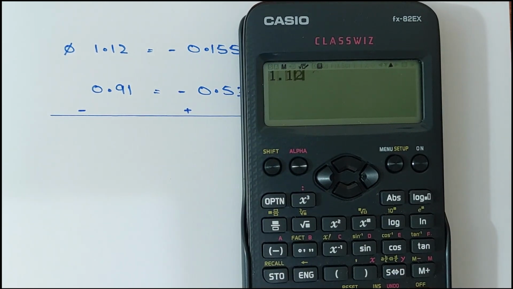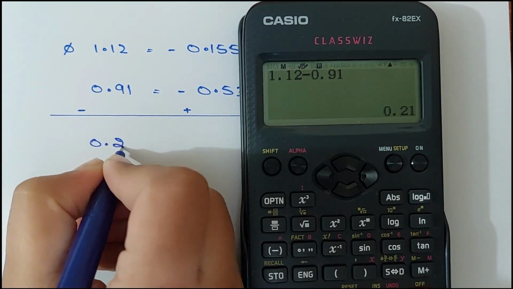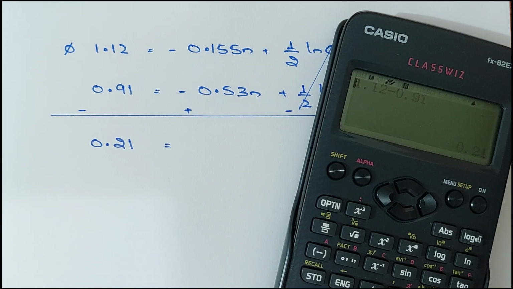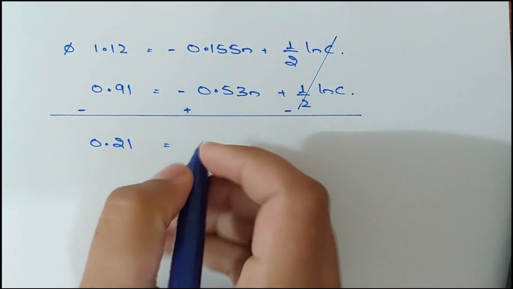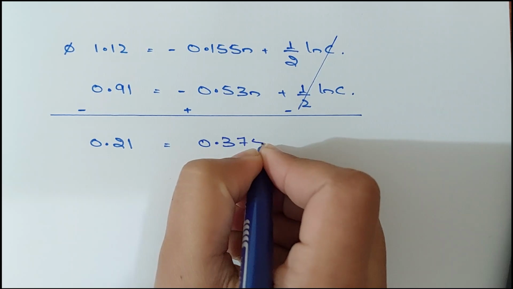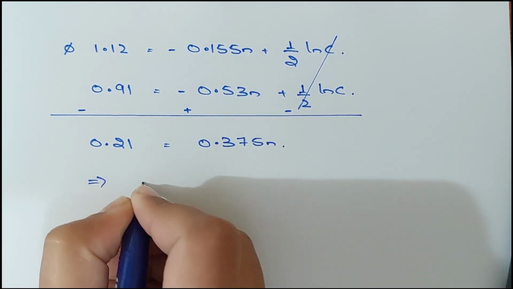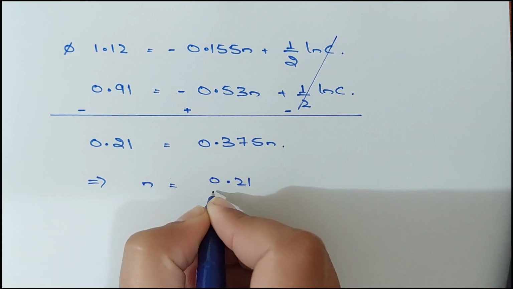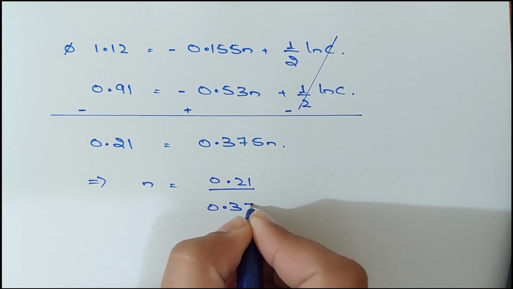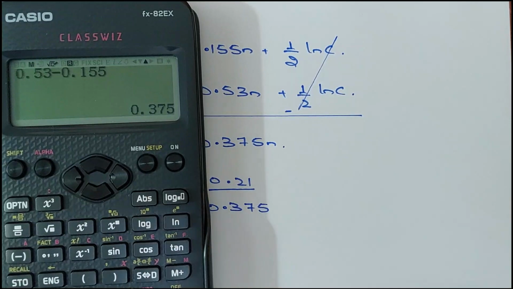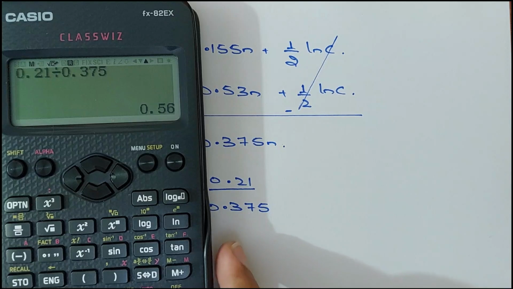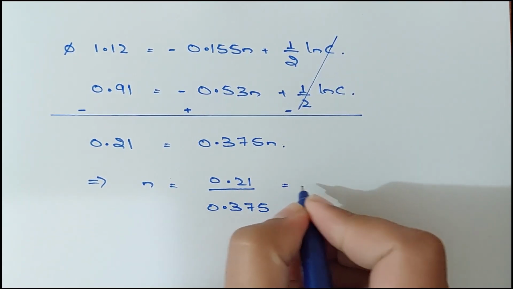We have 1.12 minus 0.91, which is 0.21, equals 0.53 minus 0.155, which is 0.375n. To solve for n, 0.21 divided by 0.375 gives 0.56.